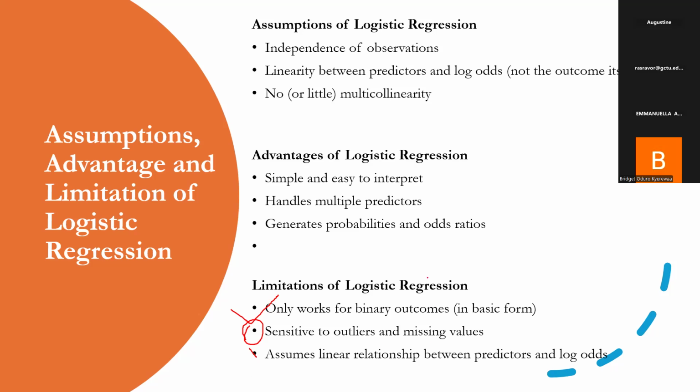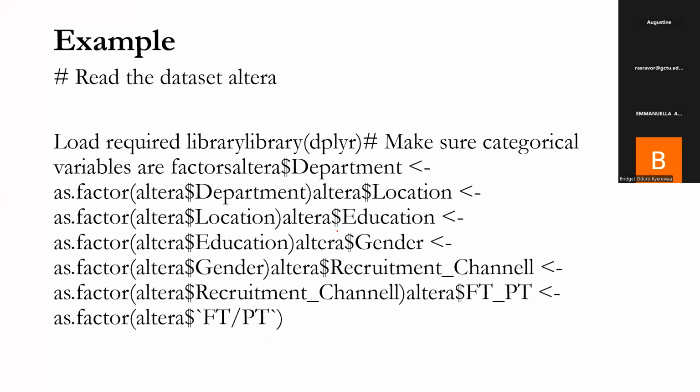Again, let's go and look at the example. I am going to use the Altera data set. I'll ask you to read the data, and I'll give you all the commands.